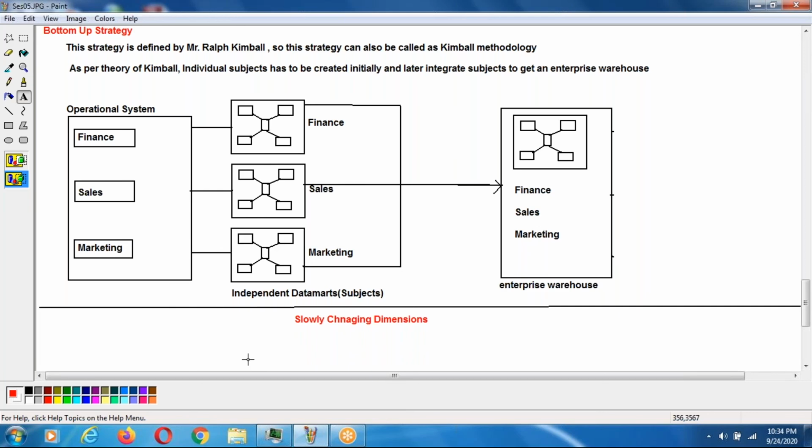In the ETL process, we'll be implementing these slowly changing dimensions. Usually we call them type 1, type 2, type 3 functionality. As an ETL developer, you have to implement those features. The tables will be ready, but from this particular concept's perspective, you have to load the data. So what are these slowly changing dimensions? We'll take it up in the next class.